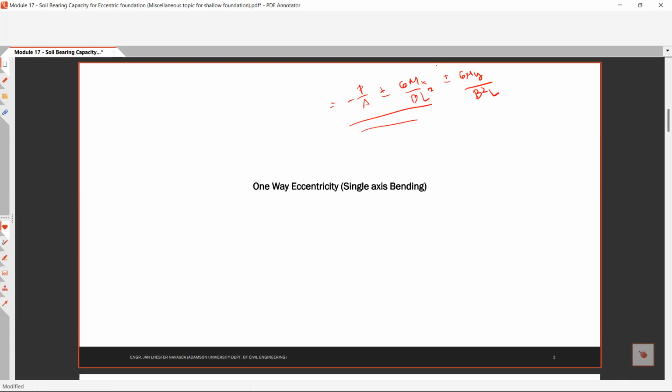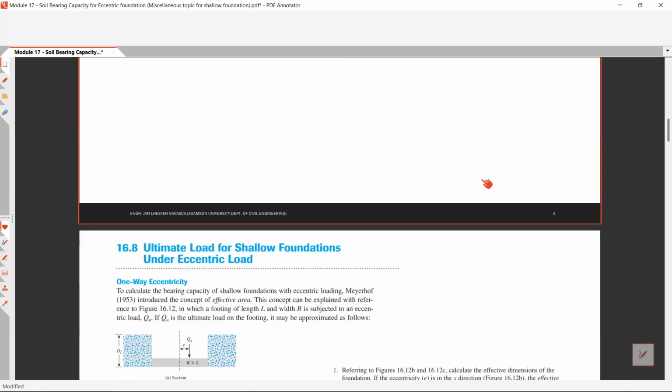So ito yung pag-solve for the demand. Ito naman yung pag-solve for the capacity, yung ididiscuss natin ngayon. The basic principle of civil engineering, or structural engineering, and also geotechnical engineering, is basically the total demand versus the total capacity. Yan lang naglalaro yan.